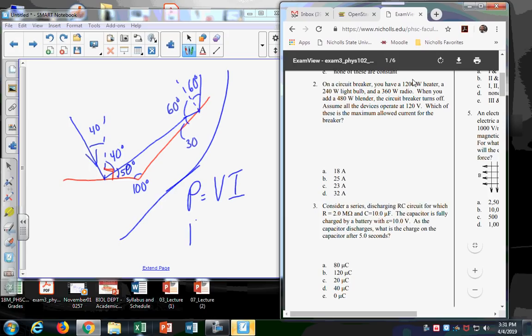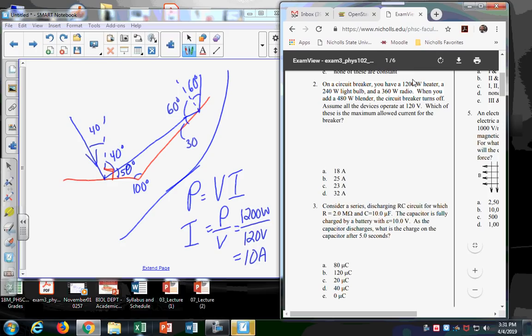So if I want to find the current, that's going to be equal to P divided by V. So for example, my 1200 watt heater divided by 120 volts, that's equal to 10 amps. And I usually try to give the power so that it divides evenly. So 240 watts is 2 amps, 360 watts is 3 amps, 480 watts is 4 amps.